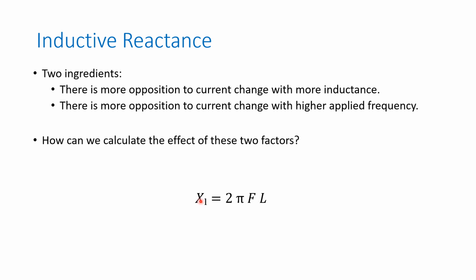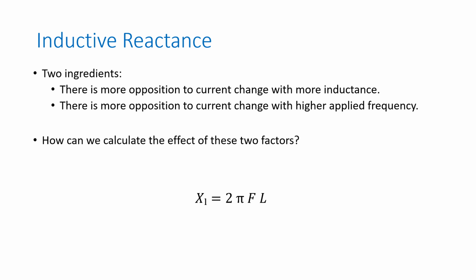XL is inductive reactance. It's measured in ohms like resistance is. You take 2 times pi, which is 3.1415927, times the frequency in cycles, times the inductance in henries. When you multiply all that out, the result is the inductive reactance in ohms.